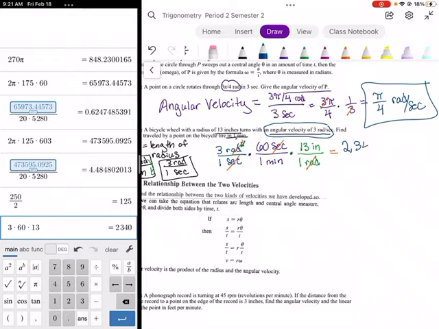So we're going to get 2,340, and this is inches, over 1 on the bottom, and that is going to be minutes. So in 1 minute, we're going to travel 2,340 inches.